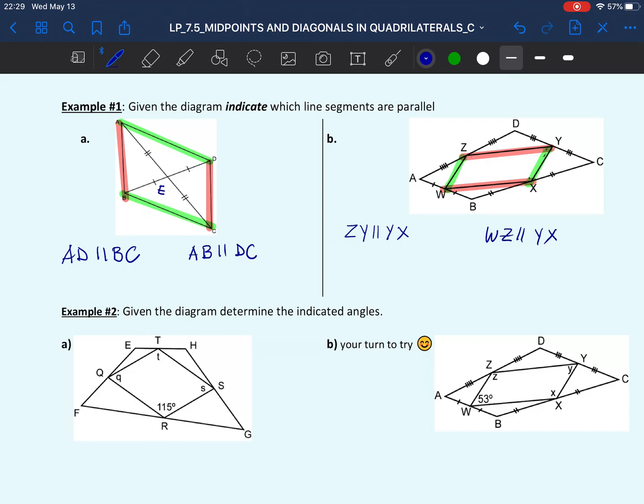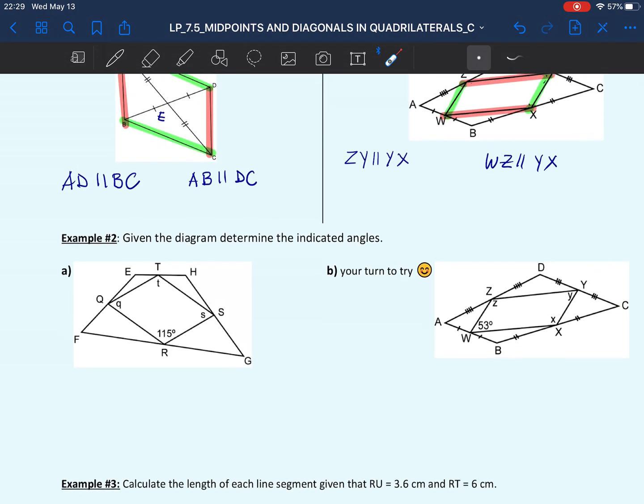In the next example, we're given the diagram and we need to determine the indicated angles. So first, I take a look at the shapes. The shapes we see here are the quadrilateral EFGH.